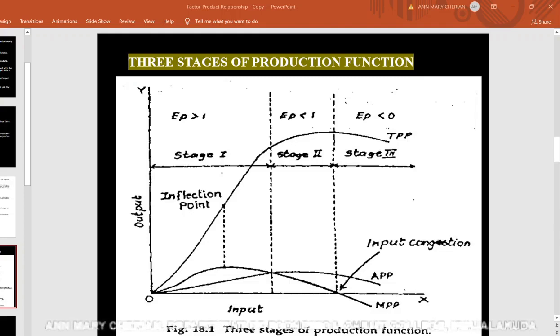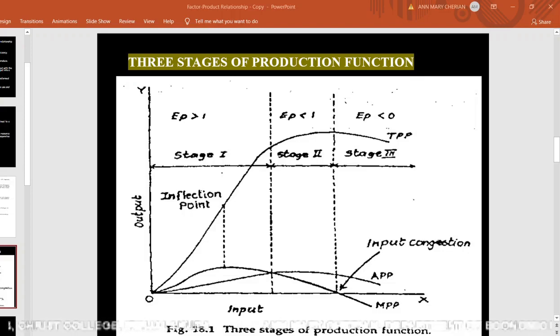When MPP is equal to 0, total physical product is maximum. In this stage, technical efficiency of variable resources declines, but technical efficiency of fixed resources increases, as indicated by an increase in TPP.